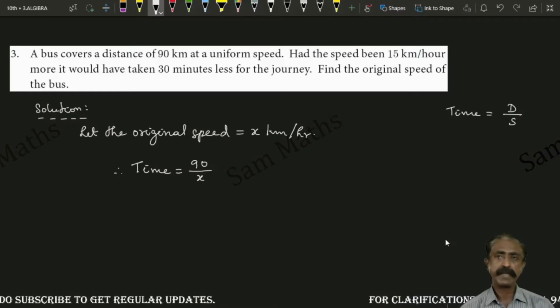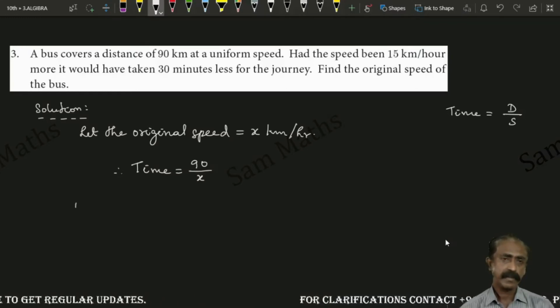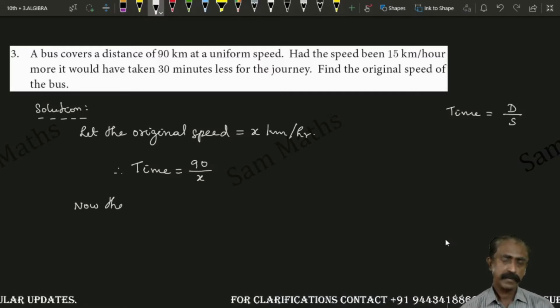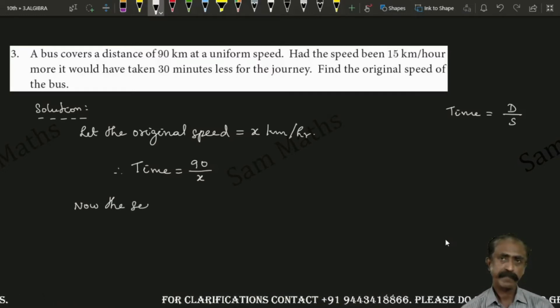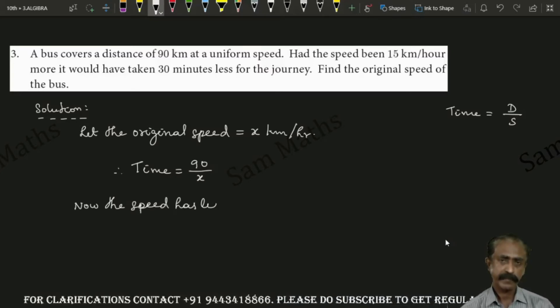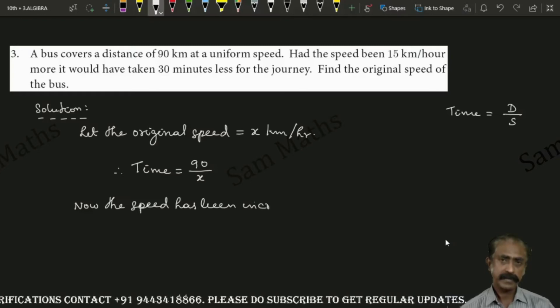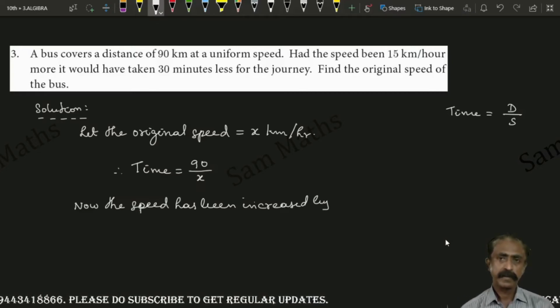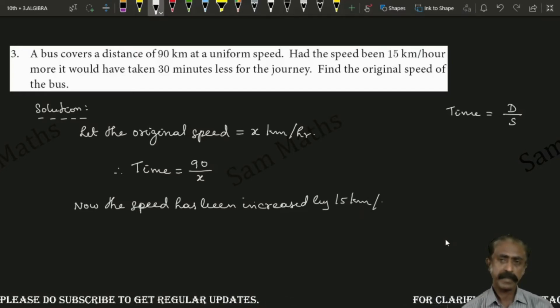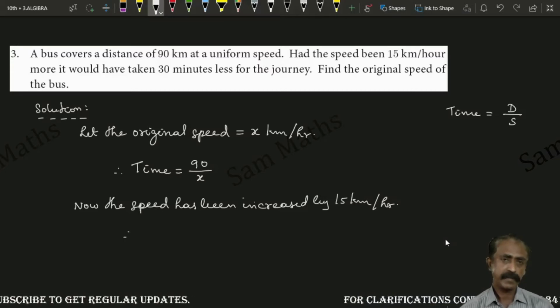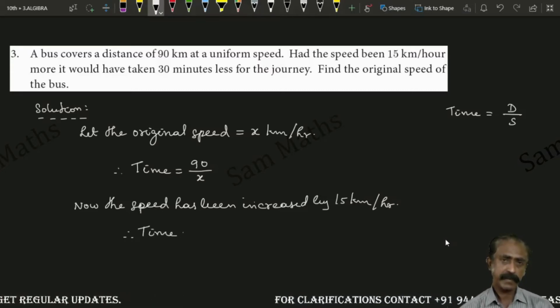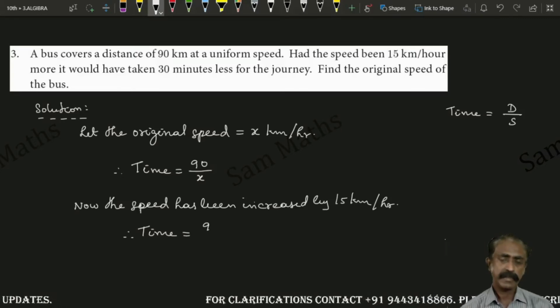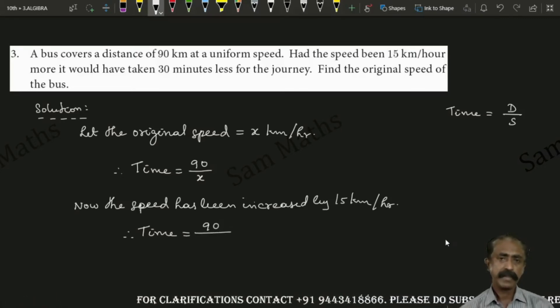Now the speed has been increased by 15 km per hour. Therefore, time taken, time is equal to 90, distance is same, divided by x plus 15. Clear, children?